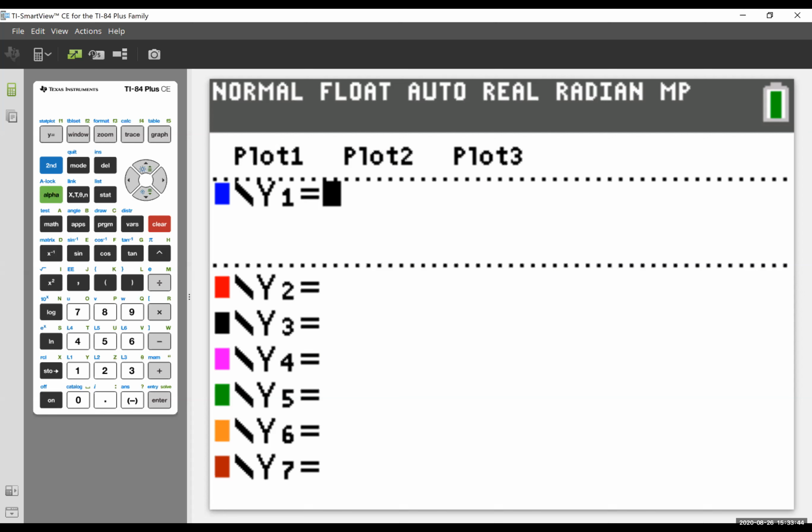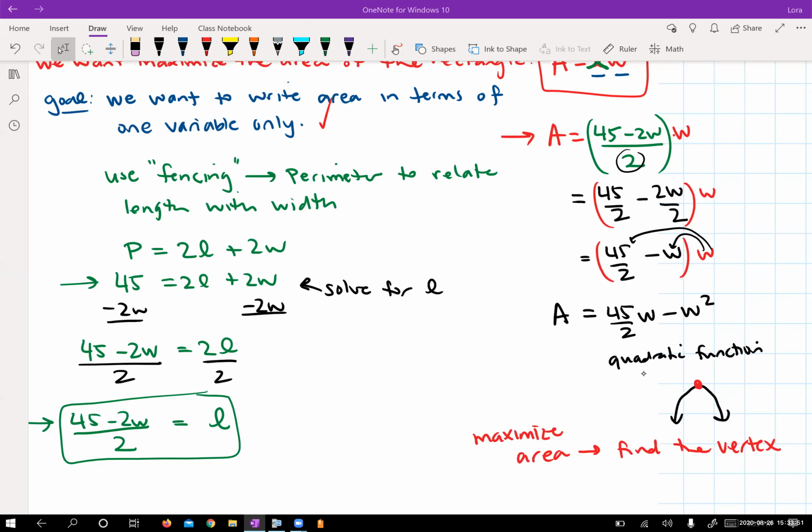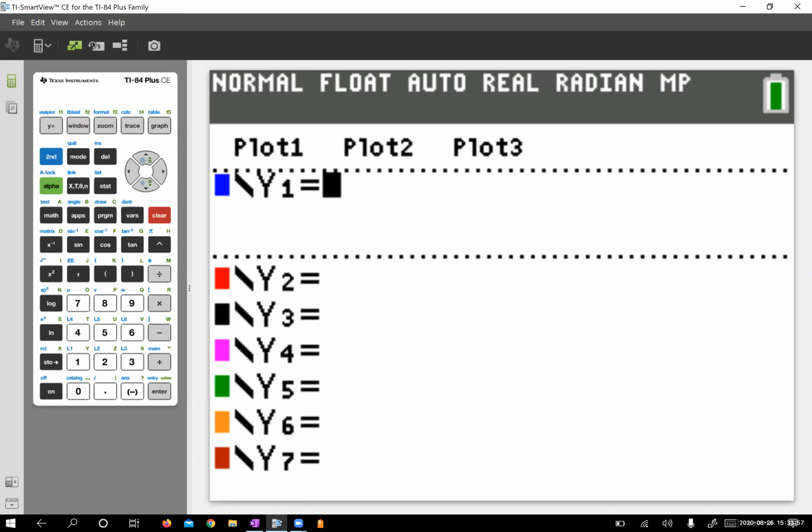45 minus 2W over 2. Okay. Go back so you guys can see. And we have to be careful when we're typing in fractions on the calculator.